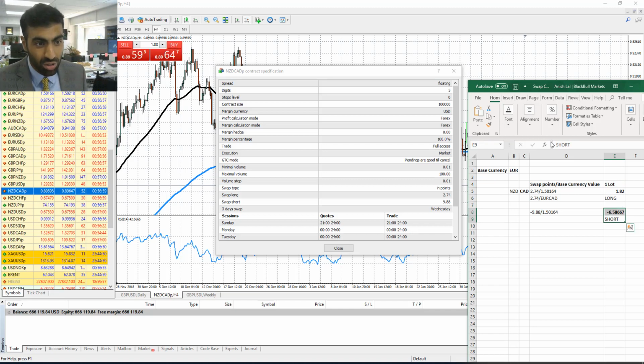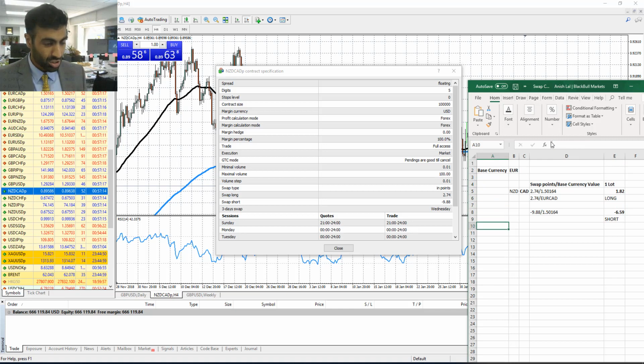That's €6.59 to two decimal places, minus 6.59 for your short position. So that's Kiwi CAD on the basis you have a euro account.